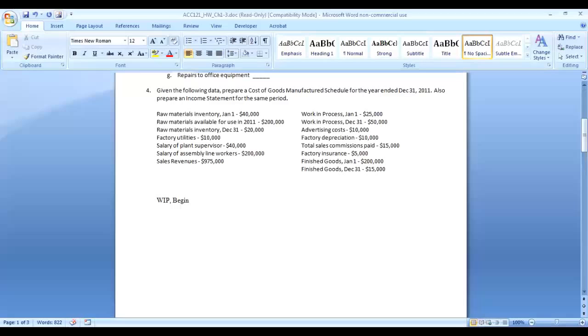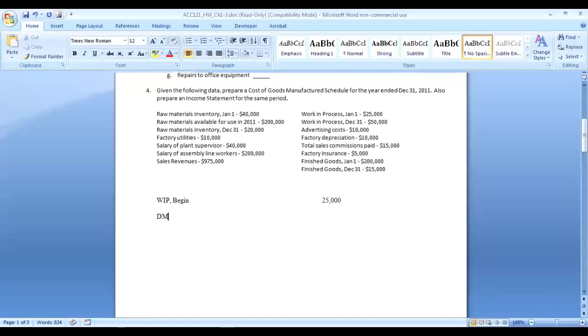So we knew that to be 25,000 bucks. Beginning of the period, we had 25,000 in goods that were partially finished. What do we always add to that? Direct materials, direct labor, and manufacturing overhead.